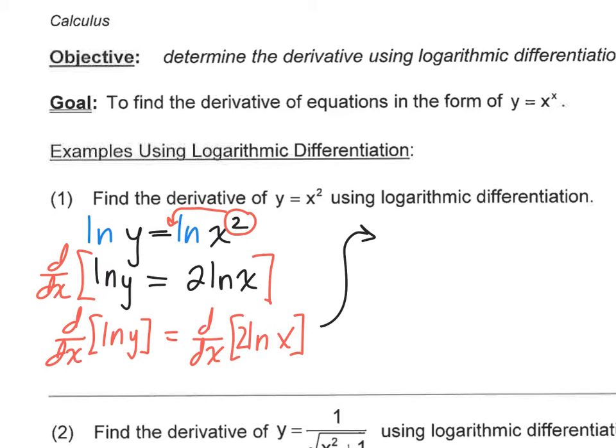Right-hand side is going to be easy, because that's strictly in terms of x. 2 times 1 over x, so we'll just say 2 over x.